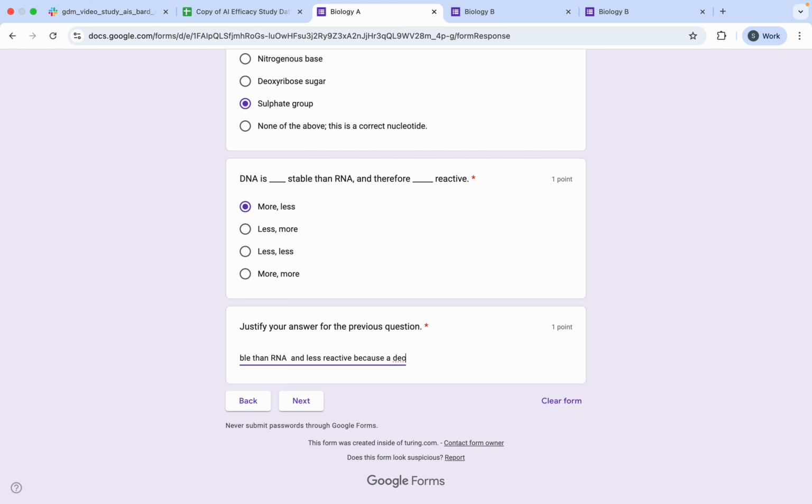Deoxyribose sugar has one less hydroxyl group than ribose sugar. So that is the main reason.